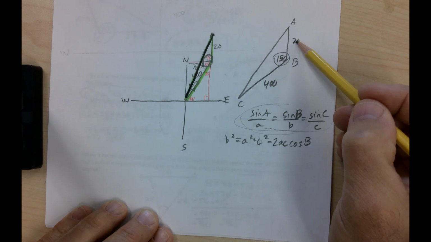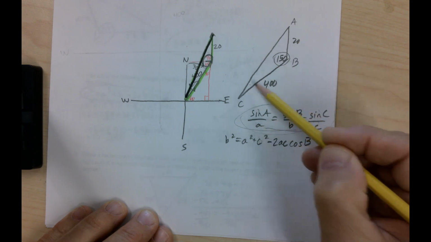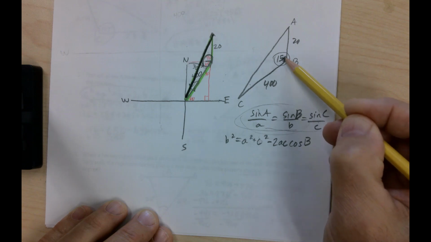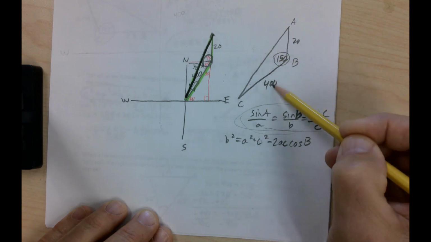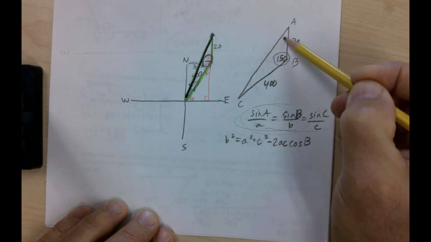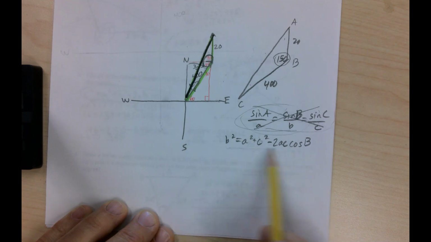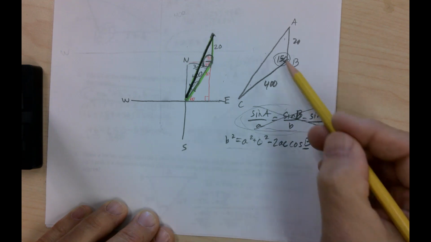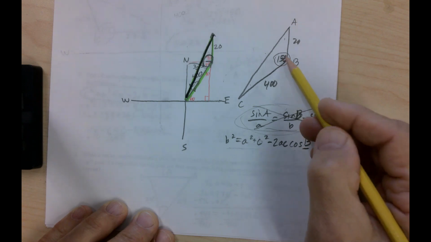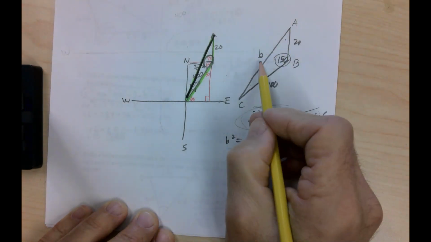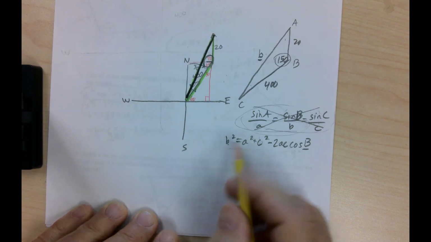I've got this side of angle C, but no angle. I've got this angle, but no side. I've got this side of angle A, but no angle A. So that is out. But I picked the one law of cosine that involves angle B because that's the one we have. And now we're just going to realize, wait a minute, all I need to do is find B. And that's in that formula right there.